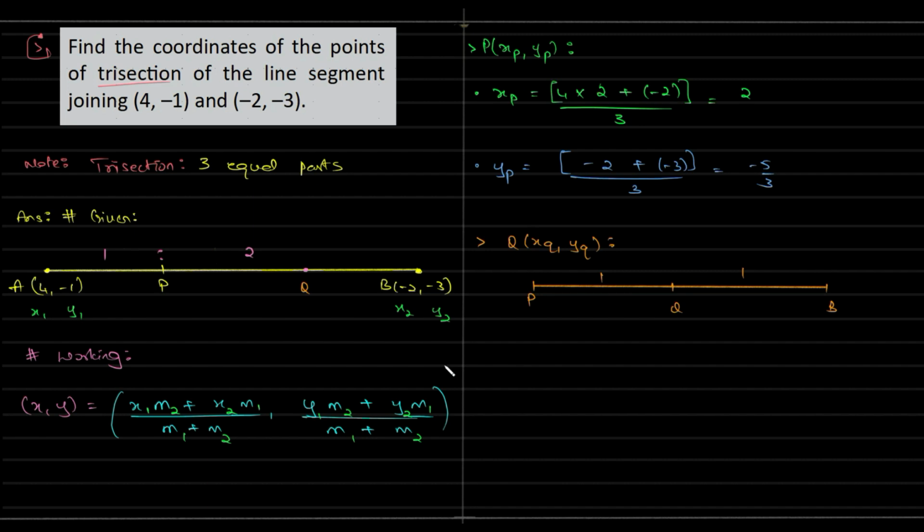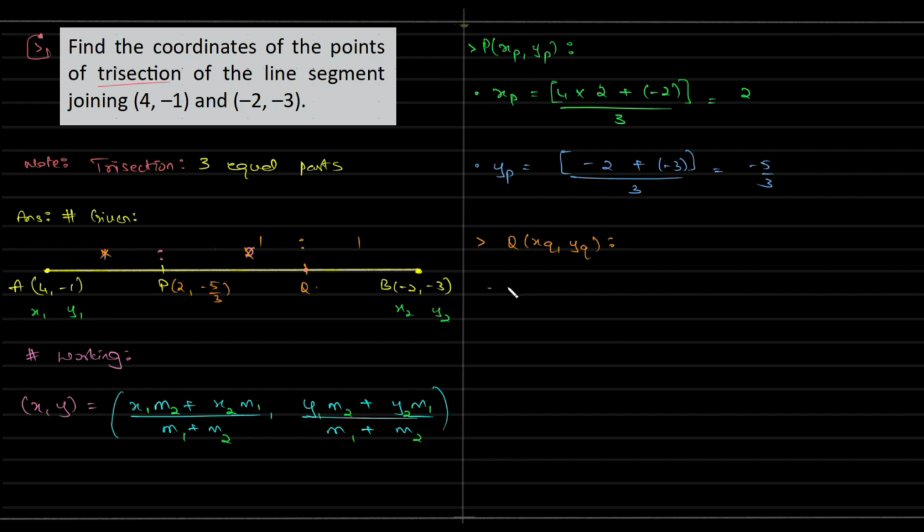Instead of doing one extra diagram, which is not practical during your exams, we can make use of this itself. So P is 2, -5/3. Point Q divides PB in the ratio 1:1, because the length from P to Q is the same as Q to B. So this is your midpoint basically for PB.